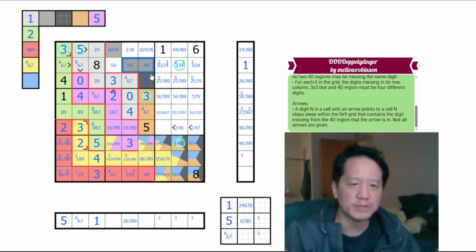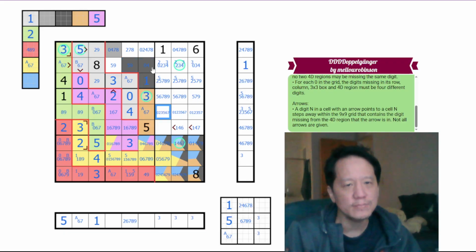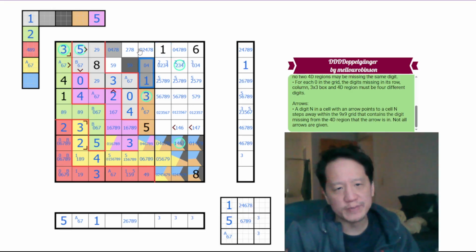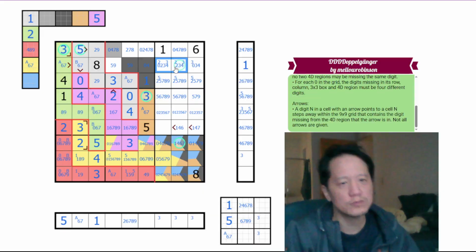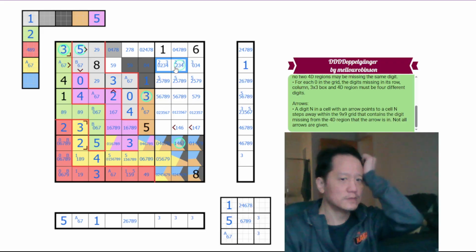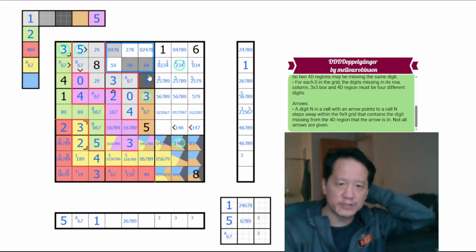Or maybe we just make this medium. It could be orange also, right? Then this actually works fine to exit out that way. But it could just be 7 here, right? And this is all part of one big region. And it could be 2. That could work. So then 7 would not be possible here.